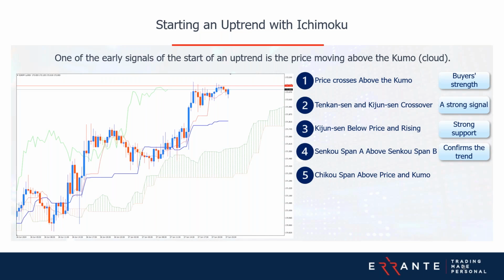And Senkou span A above Senkou span B confirms the trend with bullish Kumo, and Chikou span above price and Kumo can be considered as the final confirmation. And we expect all of these characteristics to happen at the beginning of a new uptrend in the market.